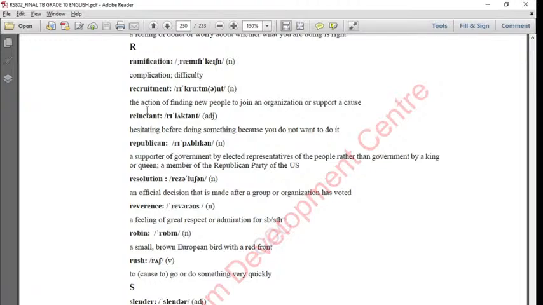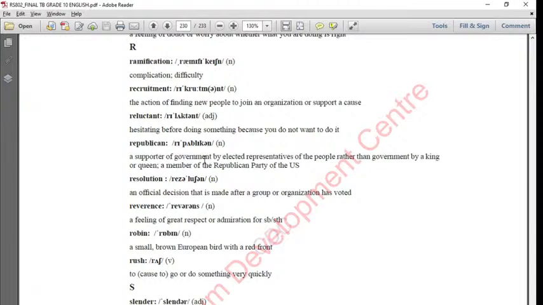Recruitment, reluctant, hesitating before doing something because you do not want to do it. Republican, resolution. Republican means the support of government by elected representatives of people rather than government by king or queen, a member of the Republican Party of the US. Resolution, reverence, a feeling of great respect or admiration for somebody.